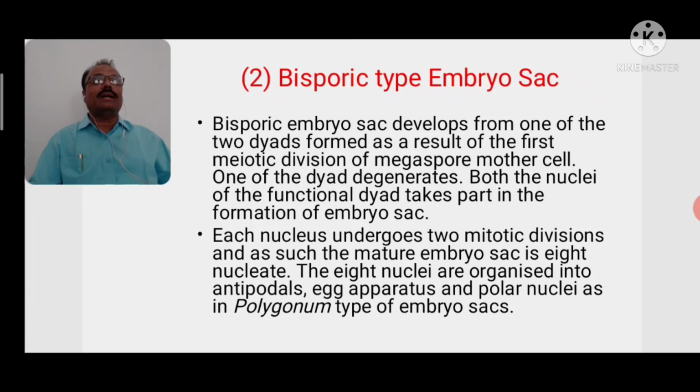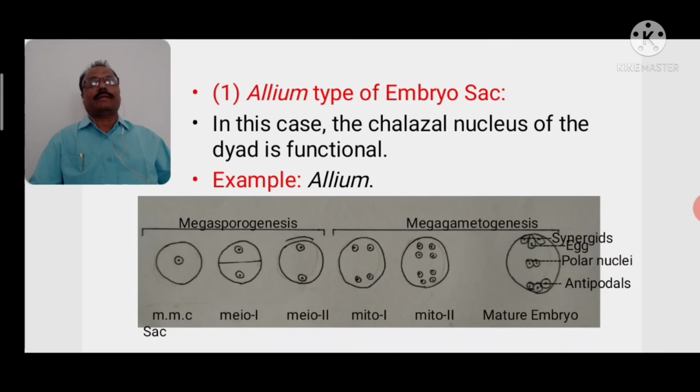The 8 nuclei are organized into antipodals, egg apparatus and polar nuclei as in Polygonum type of embryo sacs. Allium type of embryo sac. In this case, the chalazal nucleus of the dyad is functional. For example, Allium.